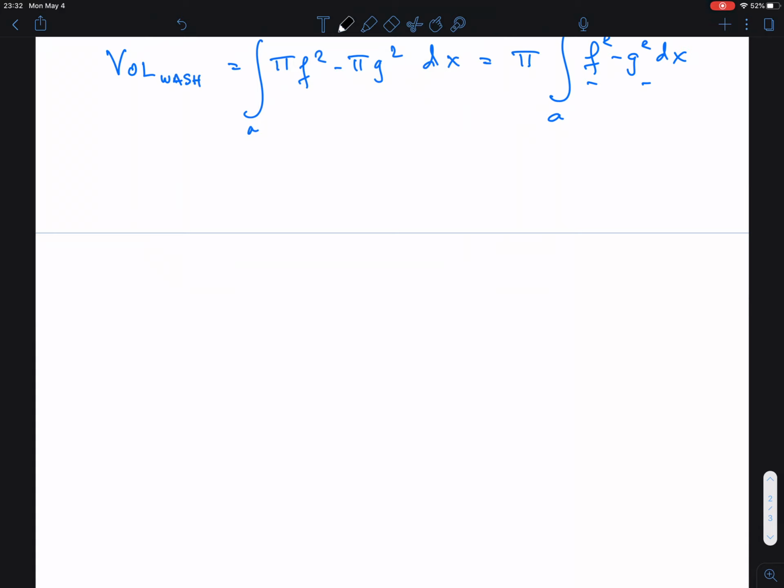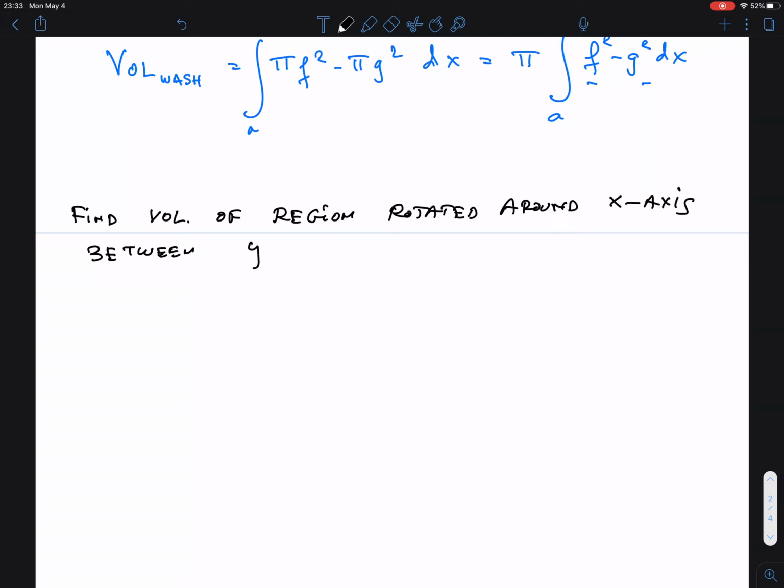Find the volume of the region rotated around the x-axis between y equals radical x and y equals x squared. I'm going to make a picture, but remember, we don't need to make pictures.